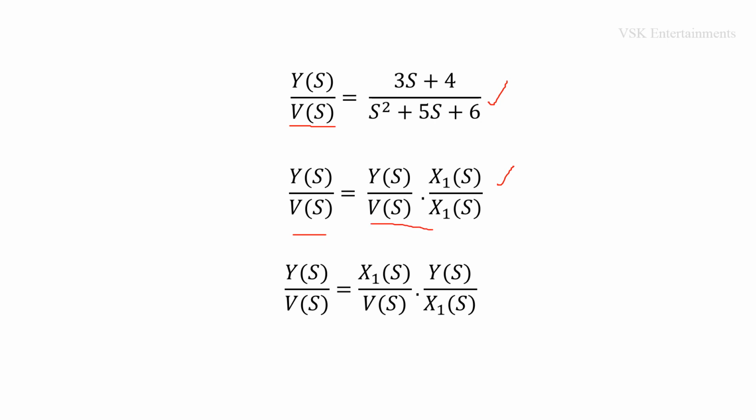Now simplify this to get two factors of the given transfer function. Why? Because we have numerator as well as denominator terms. So simplifying, we get Y(s)/U(s) = X1(s)/V(s) as one term and Y(s)/X1(s) as the second term.